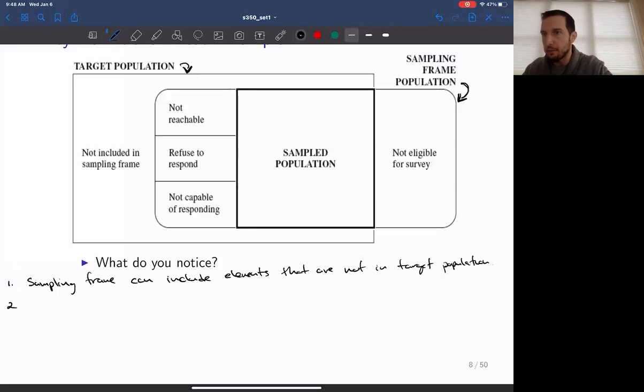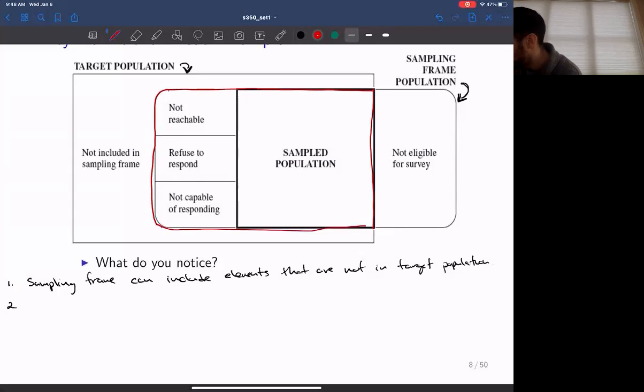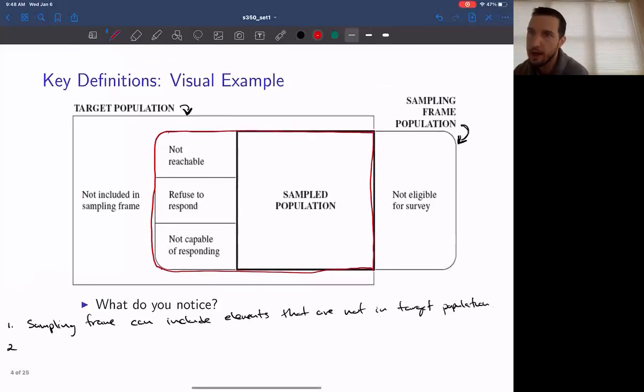And then of the remaining part of the sampling frame, so this part here, all right. Okay, so you can see that what we have inside this red box here, that would actually be the sample.